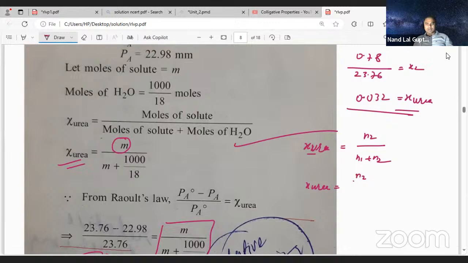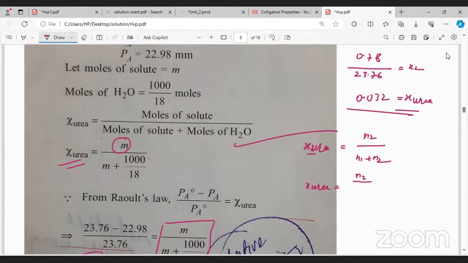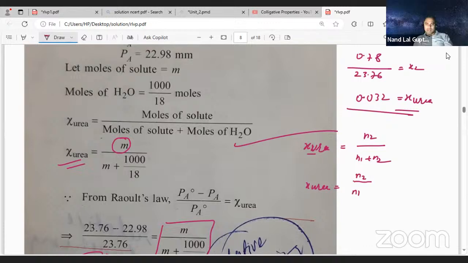Urea is there, the number of moles. So let it be N2 only. N2, this value, and here is N1, N2 plus N1. N1 value how much? 55.5 moles of water. It will be the same now.